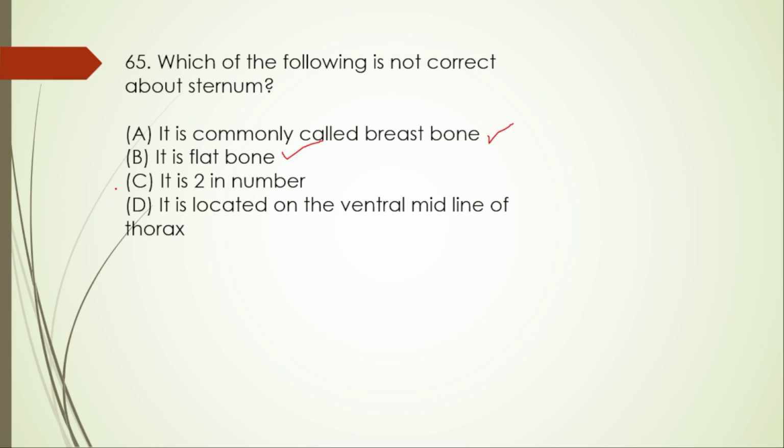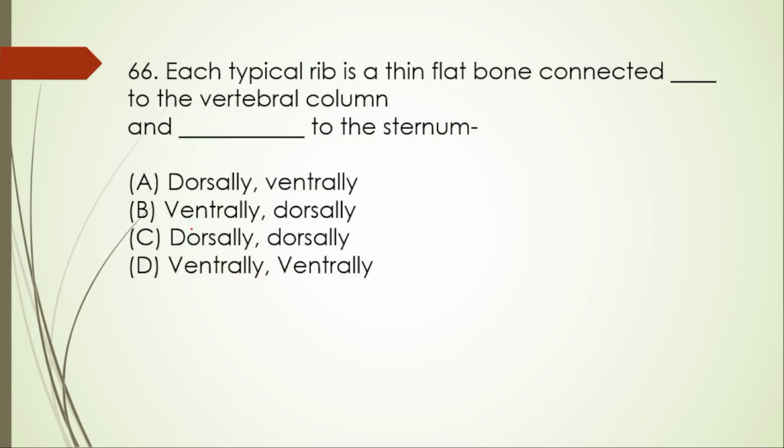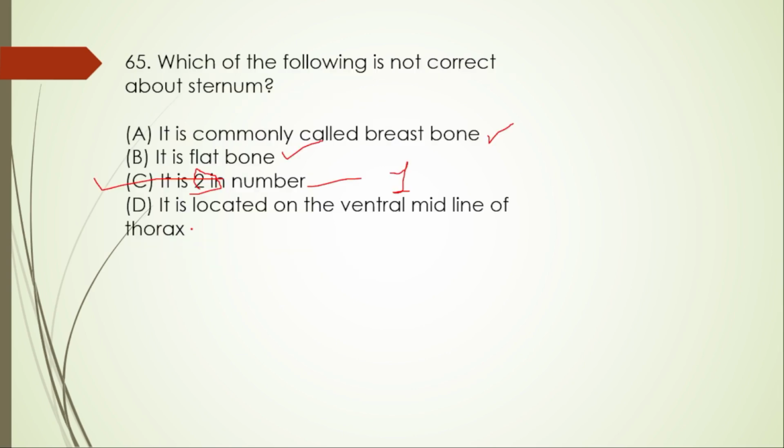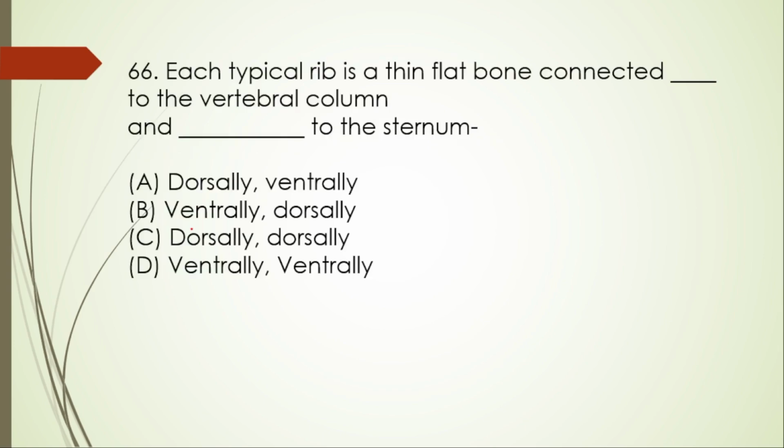This one is wrong because human has only one sternum, not 2. We have only one. So the right option is C. D. It is located on the ventral midline of the thorax. This one is right. So 65th one, right option is C because it's a wrong one.